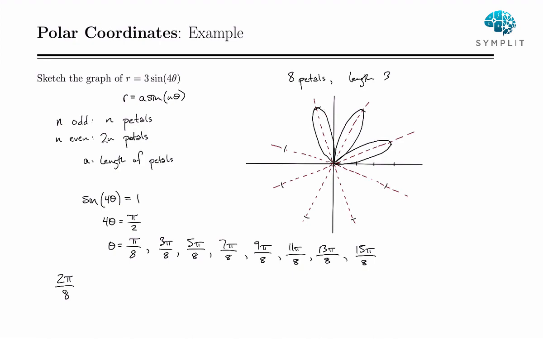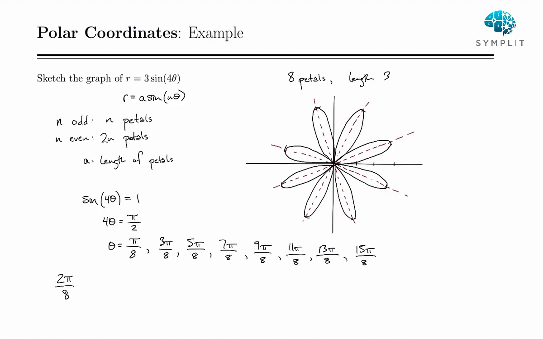And I'll show you this on a graphing calculator after we do this, just so you can see what it's really supposed to look like. So these petals all come out. They all have a length of 3, and these, of course, are the angles we found. These are the locations. All right, so that's kind of a basic idea.